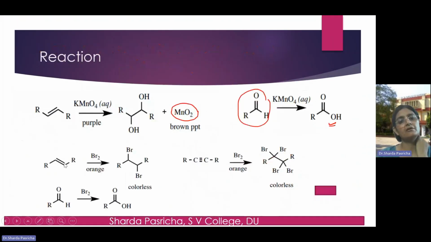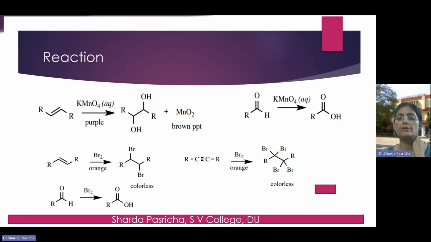If you have a carbon-carbon double bond, bromine will add to it, leading to decolorization. Similarly, a carbon-carbon triple bond will undergo addition reaction to give you a 1,1,2,2-tetrabromo derivative, leading to decolorization.